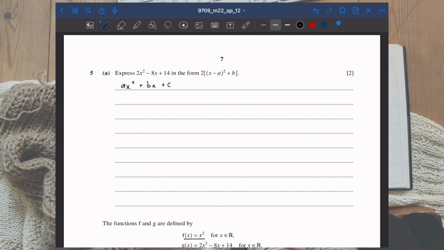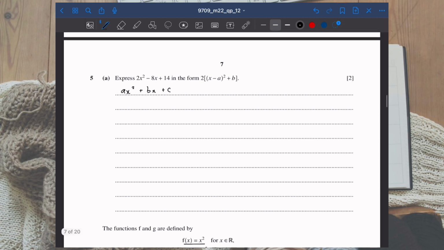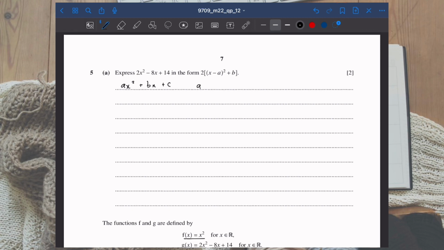This question wants us to complete the square for this expression. To complete the square for any quadratic expression, it will be a(x plus b over 2) squared minus (b over 2) squared plus c.